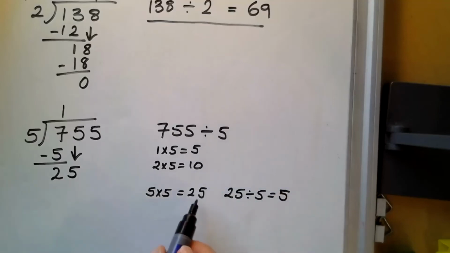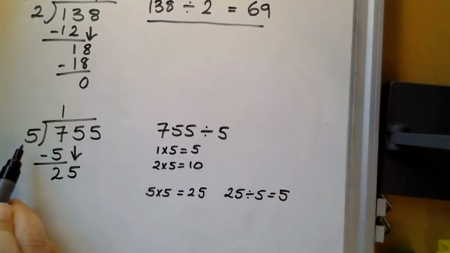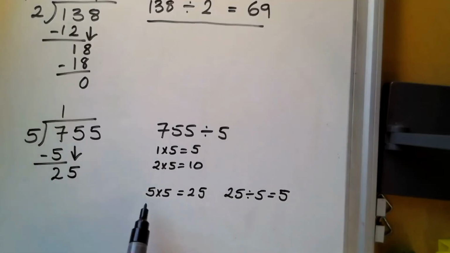That's what I do to work out what that answer is going to be here. I take this number and divide it by this number, or I think about it as a multiplication. Because of those fact families, I can flip the numbers round so that we know that 25 divided by that 5 happens to be this 5 just here.